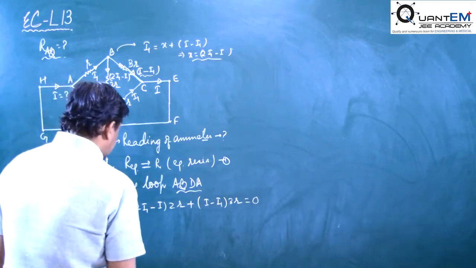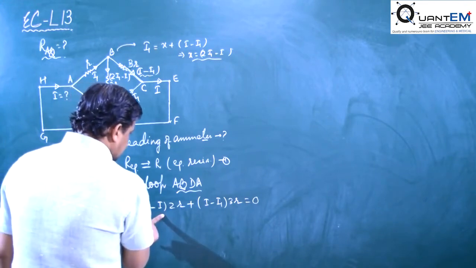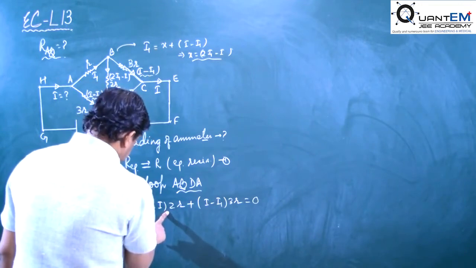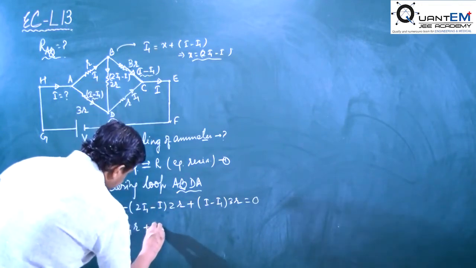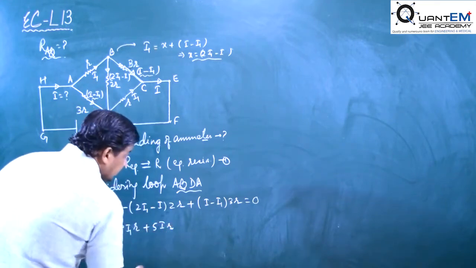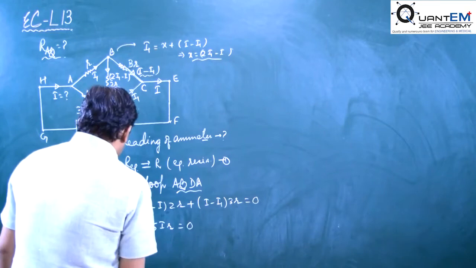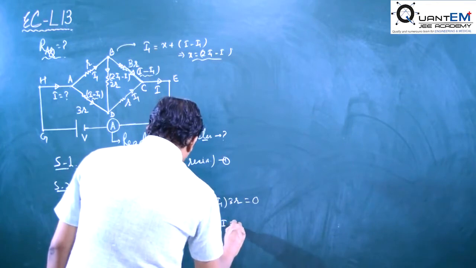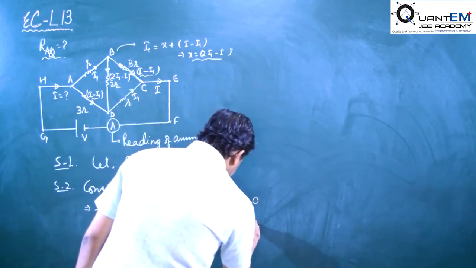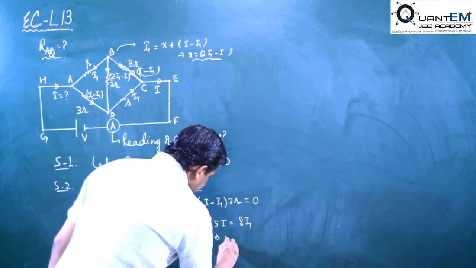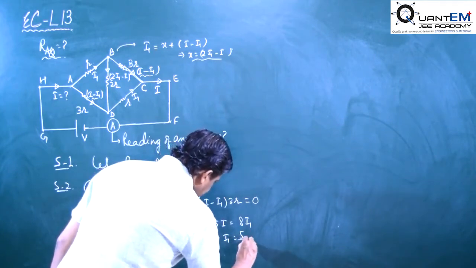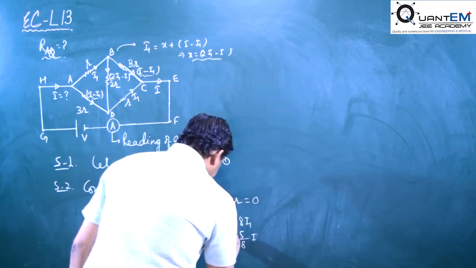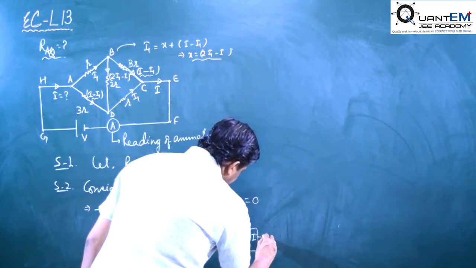And plus 2 IR and 3 IR, that is plus 5 IR, equal to 0. So solving we get 5I is equal to 8 I1, or I1 is equal to 5 by 8 I. It is equation 2.